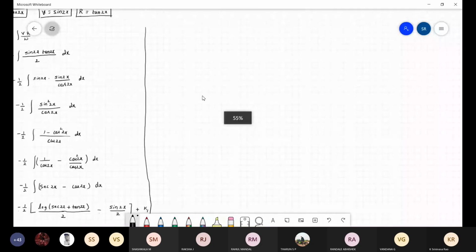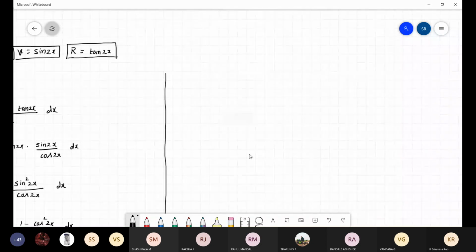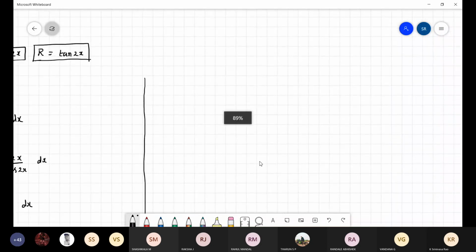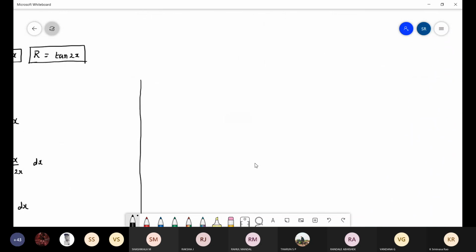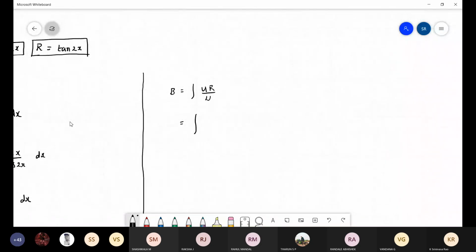B will be simple only. B equals integral of u r by omega, that is equal to integral of u is cos 2x, r is tan 2x, omega divided by 2, into dx.